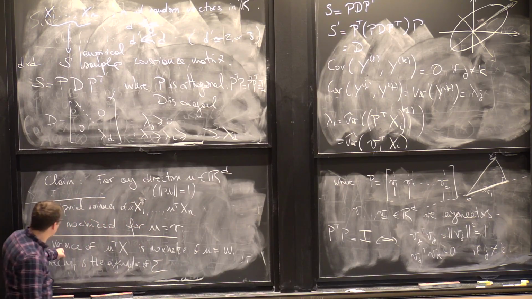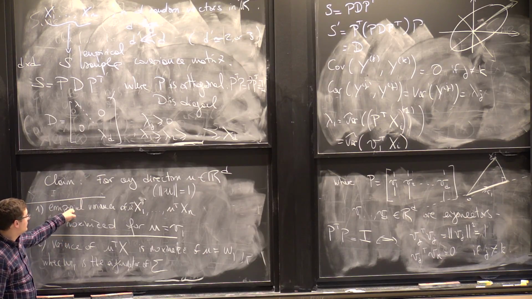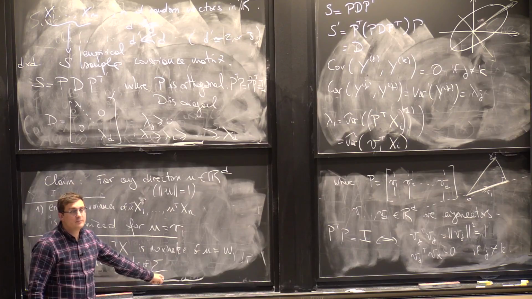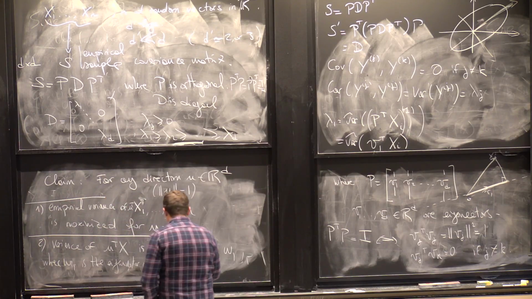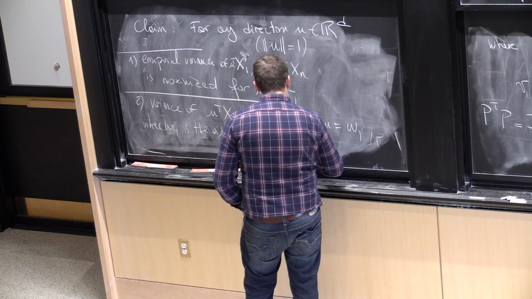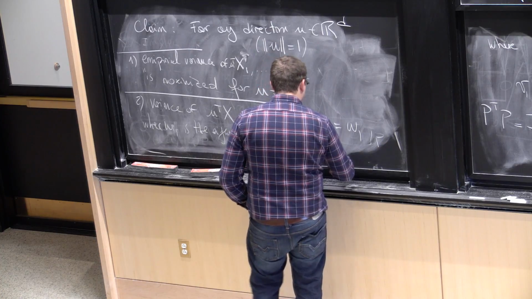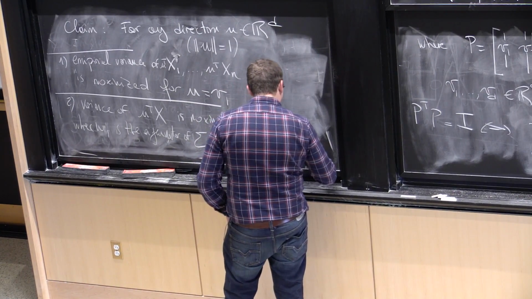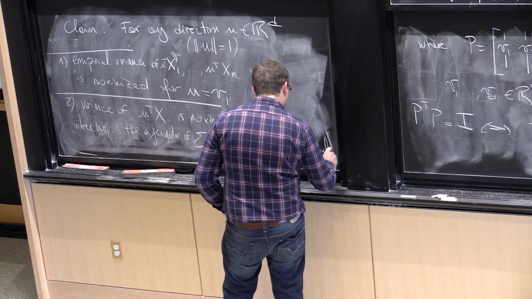Now I'm talking about the true variance, whereas here I was talking about the empirical variance. So the true variance is maximized at the eigenvector of the true sigma associated to the largest eigenvalue of sigma.